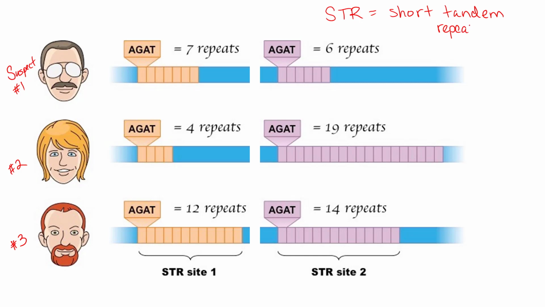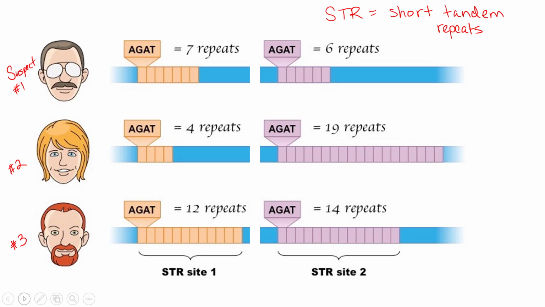On particular regions of certain chromosomes, we have these STR repeat regions. Recall these are highly variable between individuals. And when we look at a collection of 13 of the STRs, which is what the FBI uses in their database called CODIS, then it creates this profile.